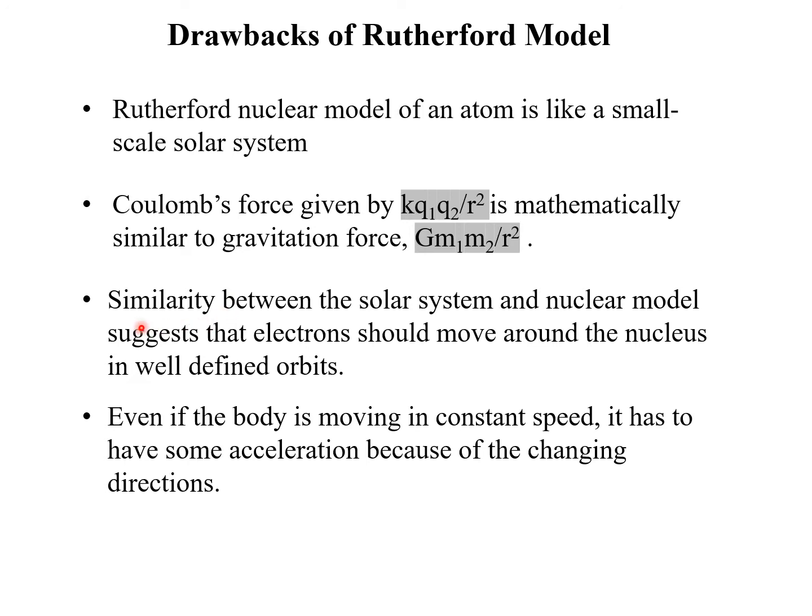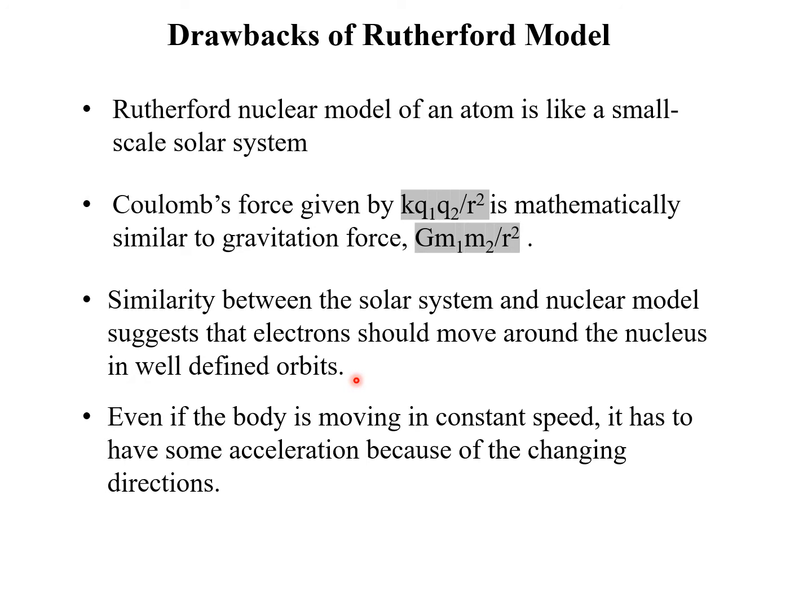Now, talking about the similarity, the similarity between the solar system and the nuclear model suggests that electrons should also move around the nucleus in a well-defined orbit, because we know that planets also move around the sun in a well-defined orbit.